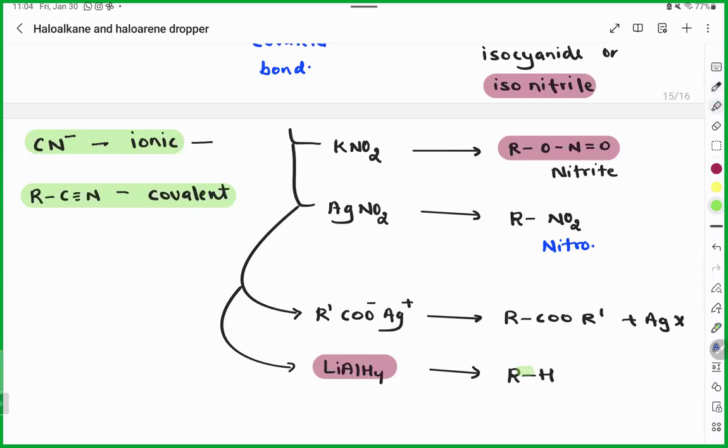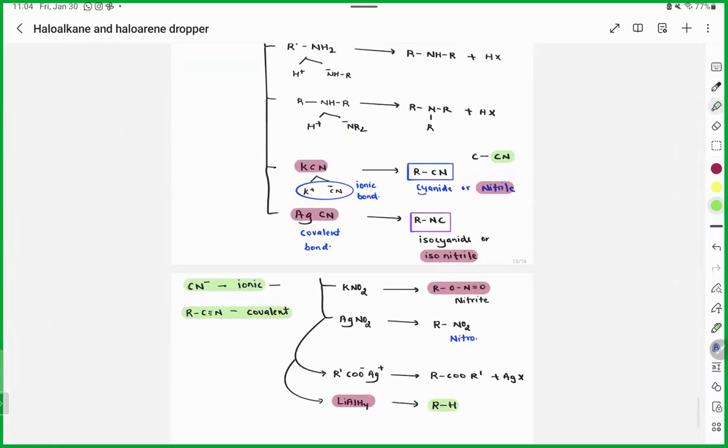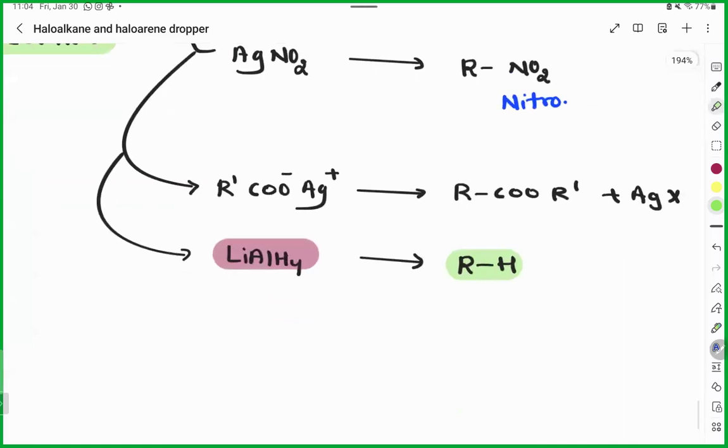It is the strongest reducing agent or something. Yes, it is a reducing agent, so it always adds hydrogen. When it adds hydrogen, this is the product. One of the strong reducing agents. If it is a strong reducing agent, it will cause reduction of others by adding hydrogen. So it is adding hydrogen only.